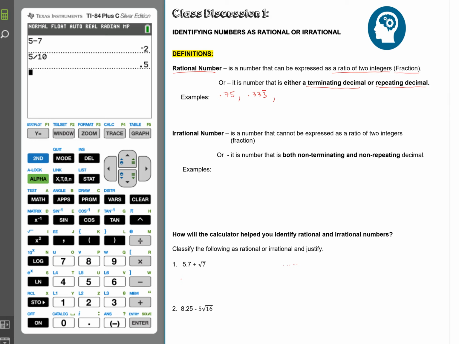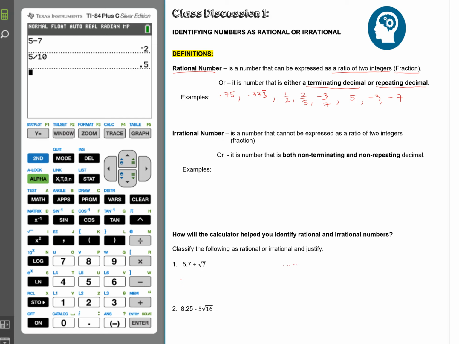So all fractions are rational numbers. I can have 1/2, 2/5, negative 3/7, and whole numbers or integers can also be called rational numbers, like for example 5, negative 3, negative 7.